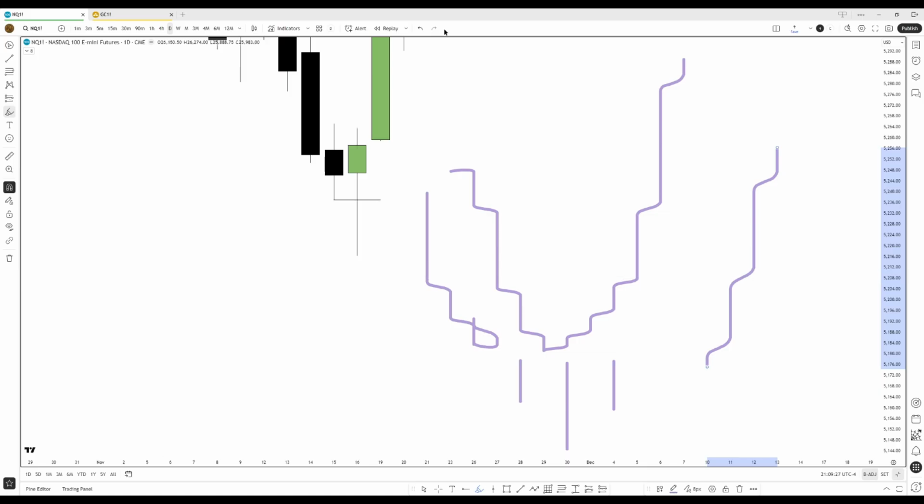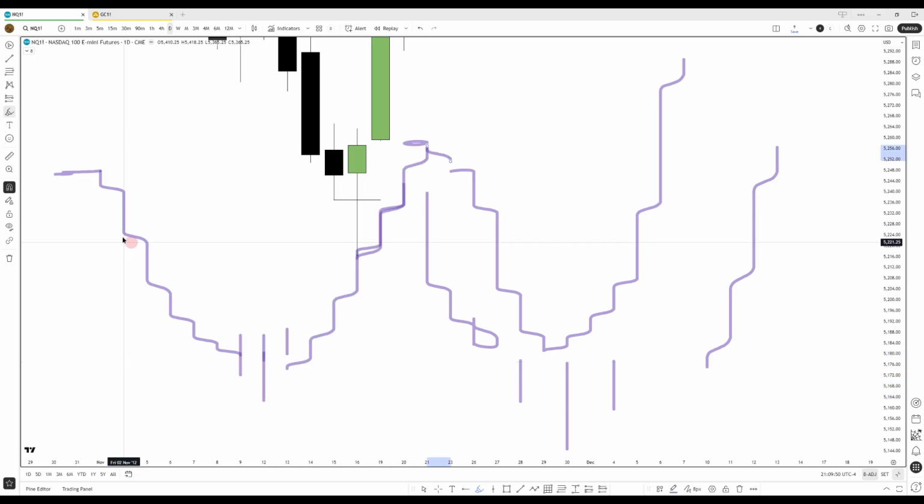Yeah? Makes sense, right? So from when we opened over here, we come down, and then at the tippy top over here, we have another swing point, and then we push back up, right? And we create the curve.